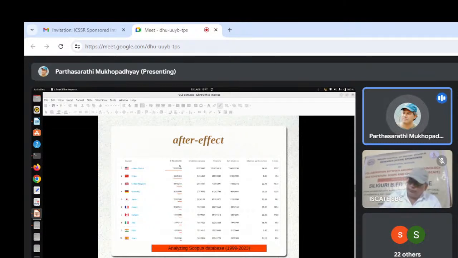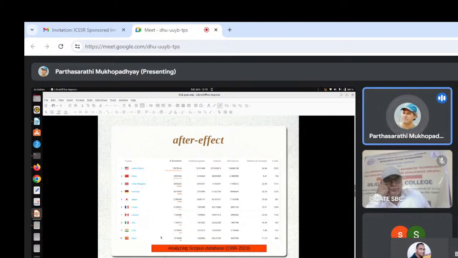We collected data for different countries in the last 25 years, 1999 to 2023, and arranged countries by the number of research papers. The United States produced within these 25 years 1.2 million research papers, followed by China. China is second, but a distant second, 0.59 million.